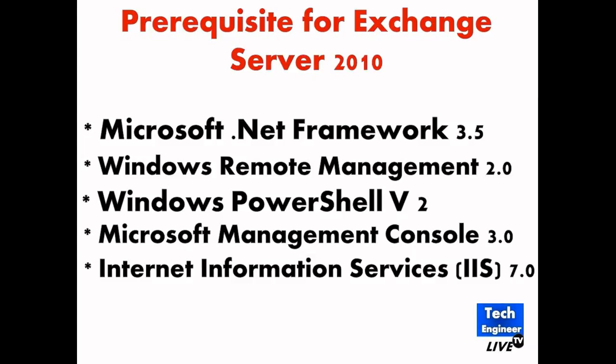Now, if you're installing on Server 2008 Service Pack 2, then you will find MMC 3.0 by default. The rest you have to install. Otherwise, in 2008 R2, you will get MMC, PowerShell and .NET Framework 3.5, and the rest you have to install before installing Exchange Server 2010.